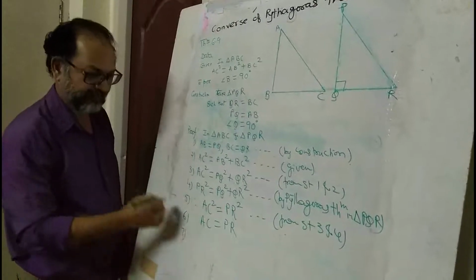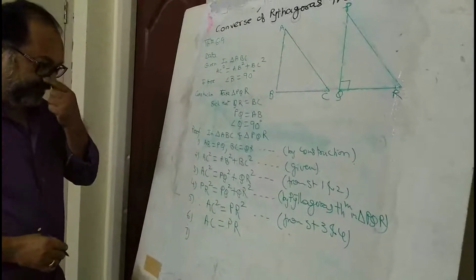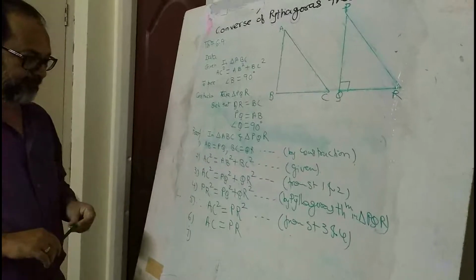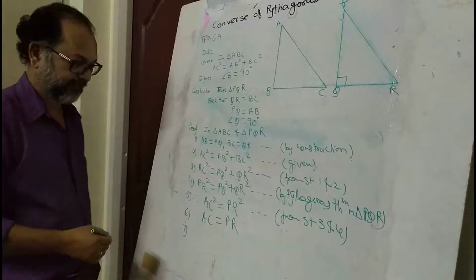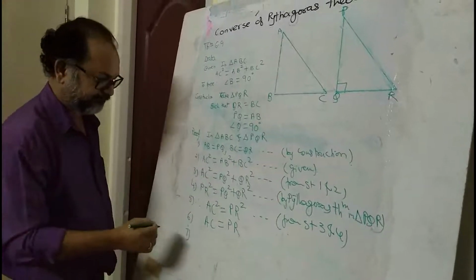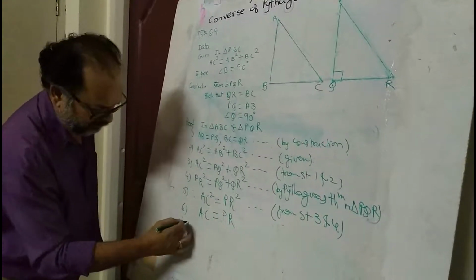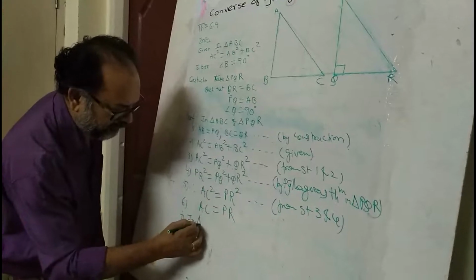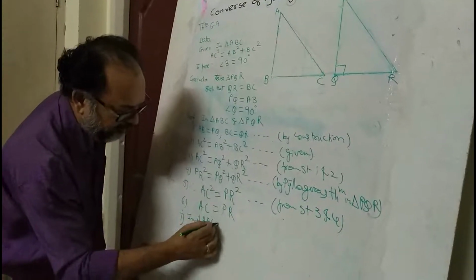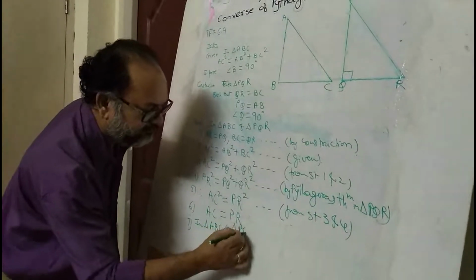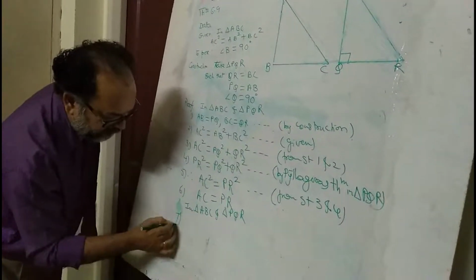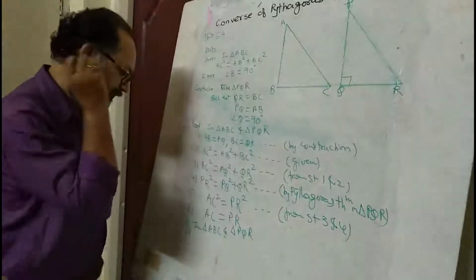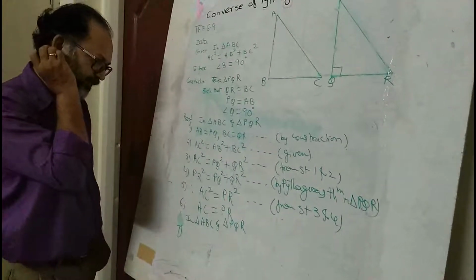So, shall we write all these three together? Yes, we can write an additional step like this. Therefore, in triangle ABC and PQR, some people write all the steps again. We will not do that. We'll write briefly.